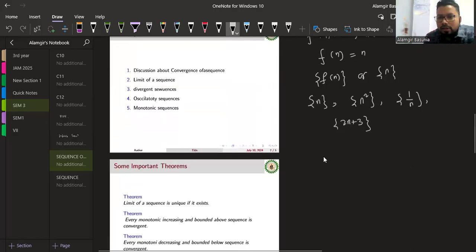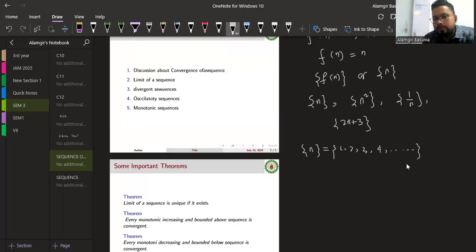Now, if we discuss this one, n, we can express the elements of this sequence as 1, 2, that means 1 goes to 1, the first term, then 2, then 3, the third term, 4, and so on.